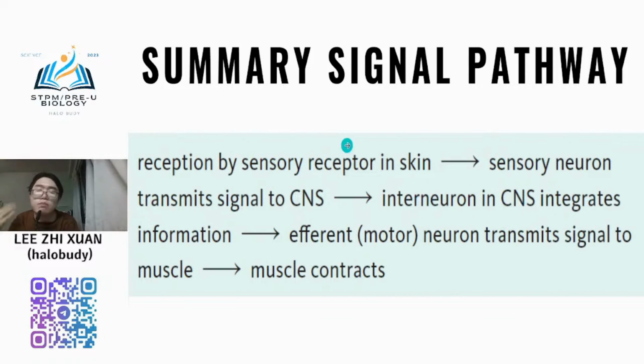What kind of response needs to be done? Maybe contraction, relaxation, or secretion. What kind of hormone? All this takes place in the CNS.